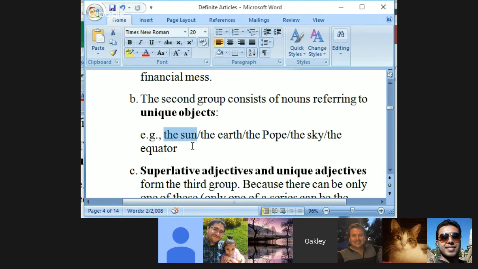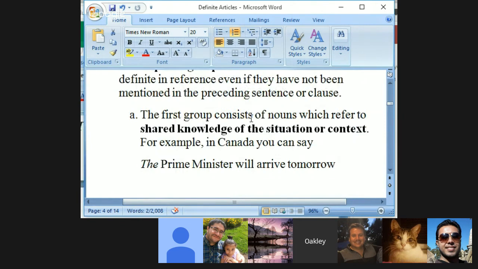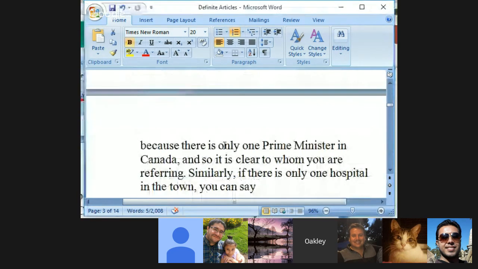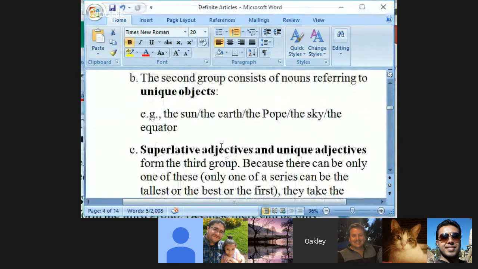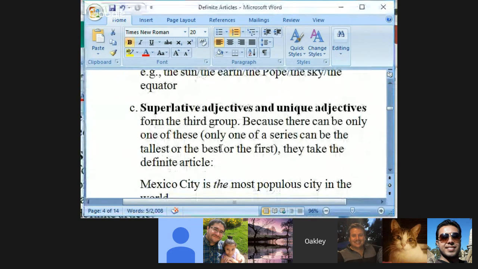So a little bit unique object, a little bit shared. Again, with a shared knowledge of the situation, we all can reference the moon in our sky of Earth. So there may be crossover with those first two groups.